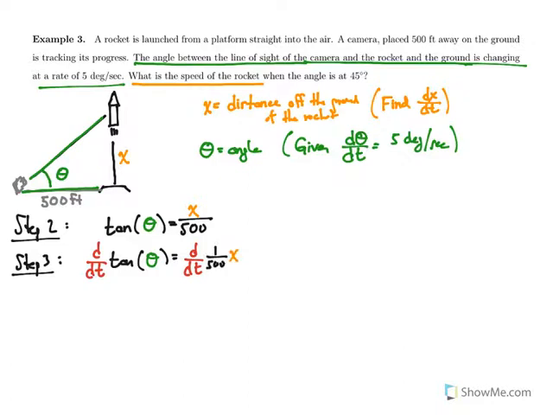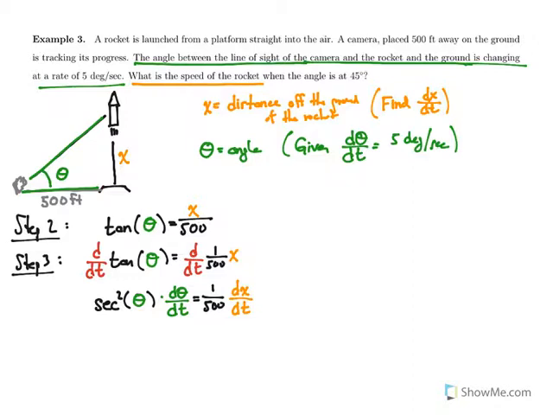That might make it a little bit easier. On the left, the derivative of tangent of something, we have to use the chain rule. This is going to be secant squared of the inside times the derivative of the inside, d theta dt. And on the right, this is just going to be 1 over 500, a constant, times the derivative of x.